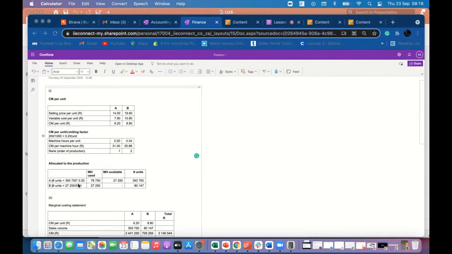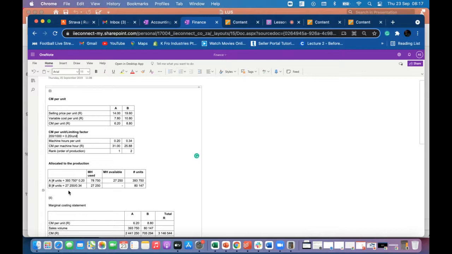We know we need 0.20 machine hours, so we multiply that, and we need a total of 78,750 machine hours. That's how many machine hours we need to produce all of A, which is going to give us the biggest bang for our buck.